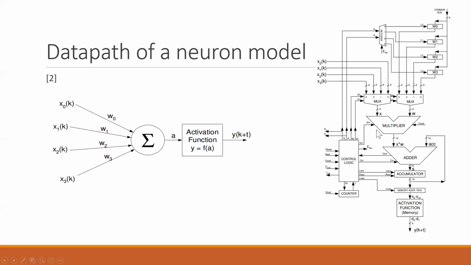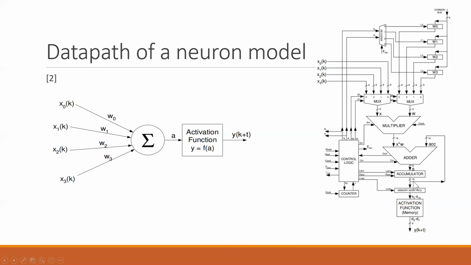And then these multiplied numbers, which would be 16 bits if our input is 8-bit, get sent to the adder, which accumulates all these x0 to x3 input multiplications with their weights. So it has the cumulative sum so far. Once we have added the two numbers together, they get stored again inside the accumulator, which gets the signal load accumulator from the control logic.